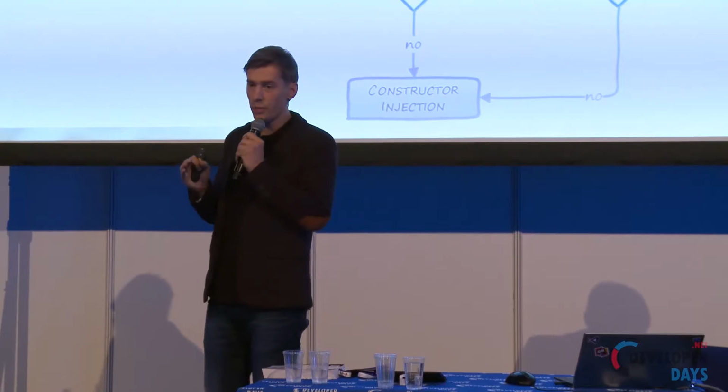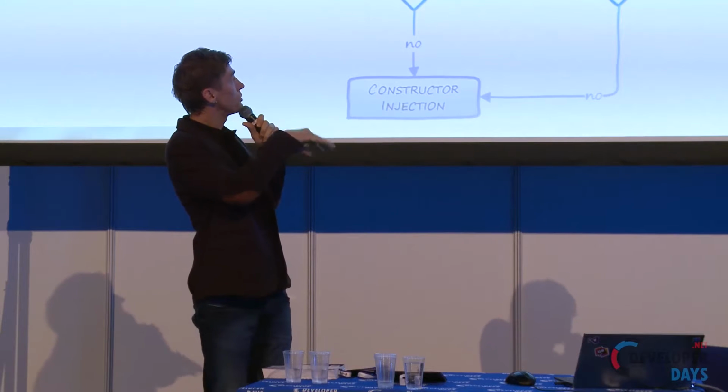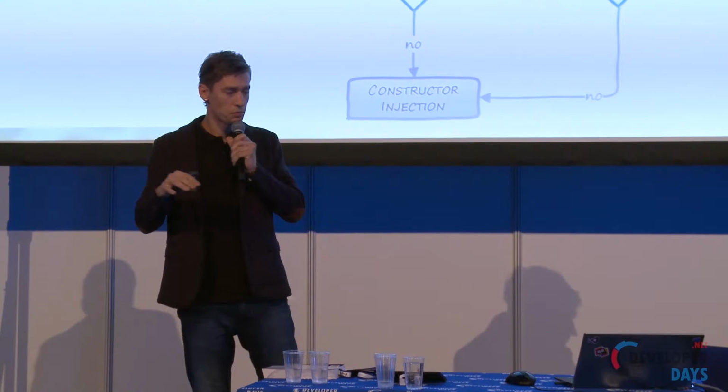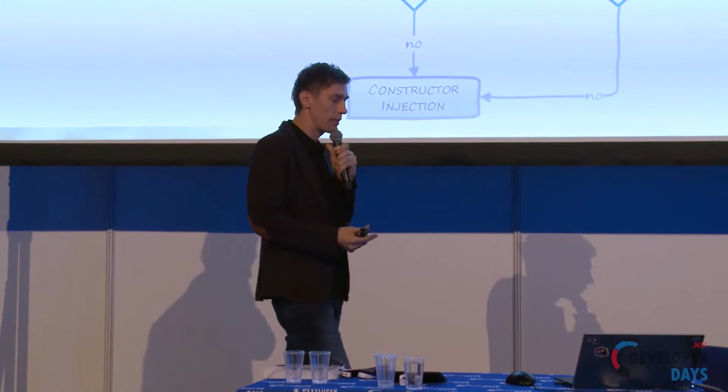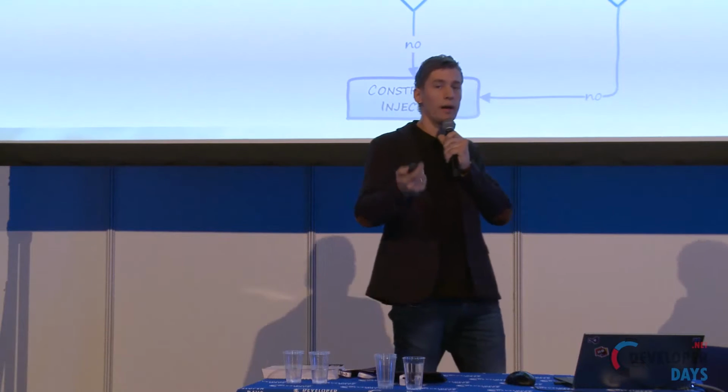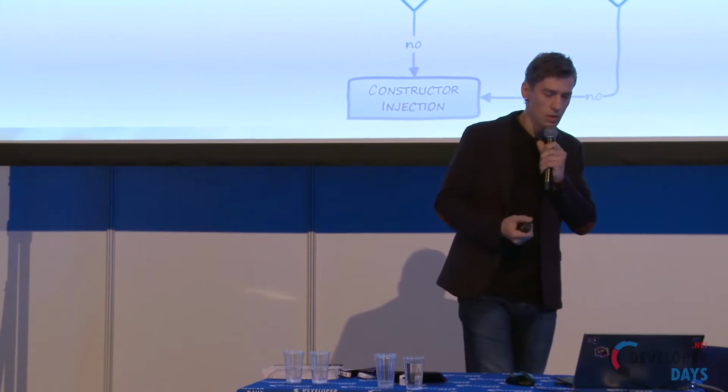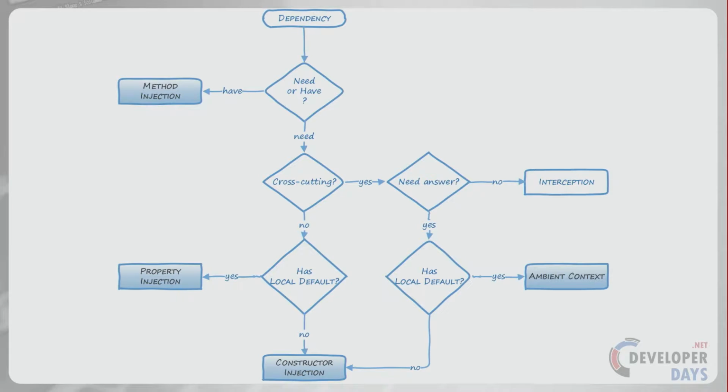If you need a dependency, then it will go down to the other patterns. But if you already have a dependency and you have to supply it to somebody else, then you land on method injection. So you somehow get the dependency, I don't know from where, just somebody gave you that dependency, and to invoke that method, you're just passing that dependency further to the method.